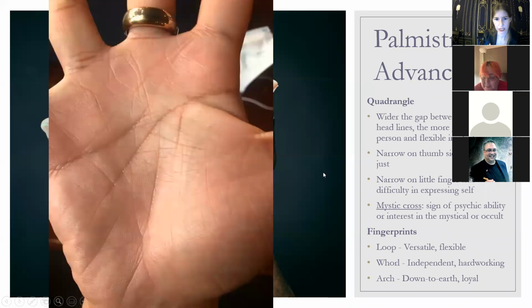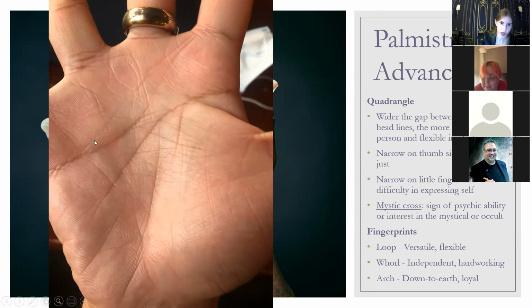I'm going to bring out the example right now because you can see there's a narrowness here on the thumb side with the heart line here. So that means this person is well-liked and just. And you can see there's a greater opening here. So it's more narrow here.